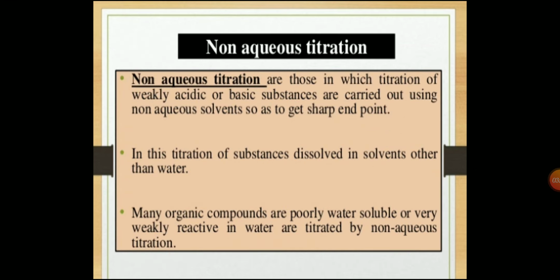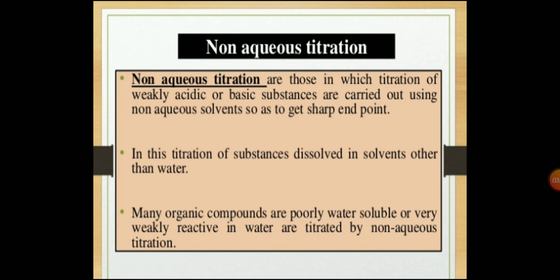Next, non-aqueous titrations are those titrations in which weakly acidic or basic substances are carried out using a non-aqueous solvent so as to get a sharp end point. Either it is a weak acid or a weak base, we can carry it out in a non-aqueous solvent, and that is called non-aqueous titration.